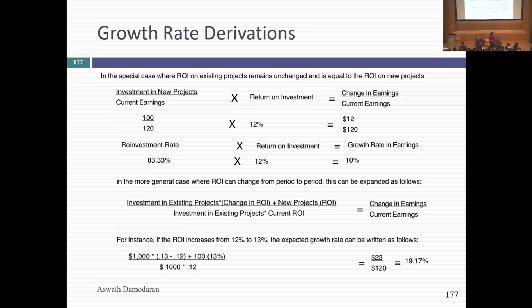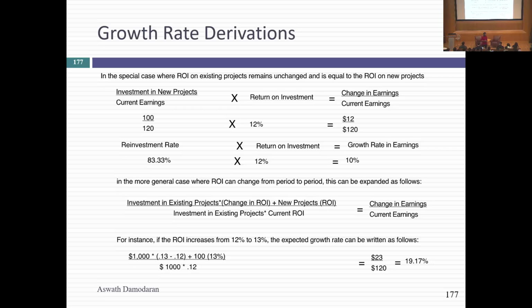But if my margins are changing, my returns are changing, that equation no longer works, because you're now getting a second component of growth. Let's call it efficiency growth. You don't even have to reinvest. If your return on capital goes from 12% to 13% on the existing capital invested, your earnings are going to go up because you earned a higher return.